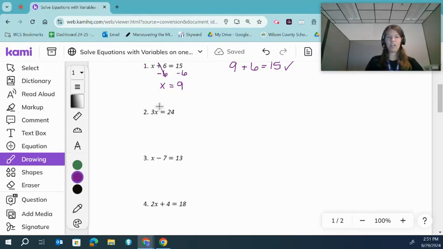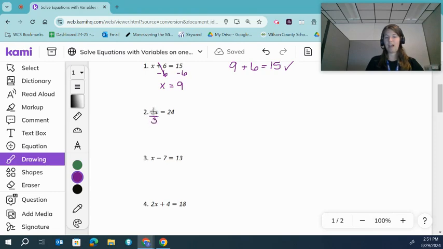Next is a multiplication problem. So 3x, remember, when you have a number and a variable next to each other, the number is a coefficient, x is a variable. This is multiplication when you put them together in one term. Okay, equals 24. So 3 times x, we do inverse of multiplication is division.